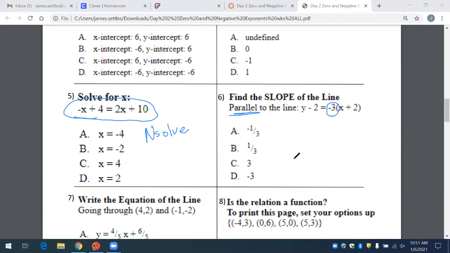I don't consider this easy, but if you take the time to know that parallel slopes are the same and you know that the slope is -3, D's your answer, because parallel slopes are the same. It's not that that's hard, but we just don't talk about parallel slopes enough for that to be easy. So if you use your cheat sheets back there, it definitely makes it easy.